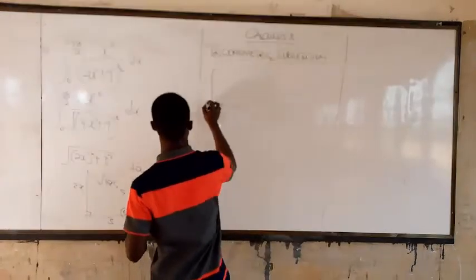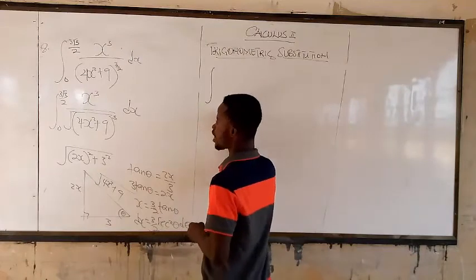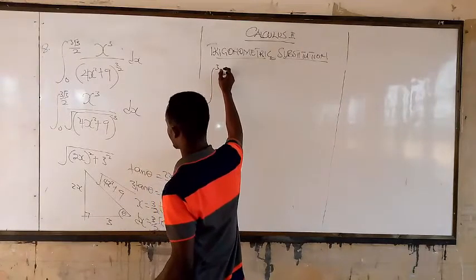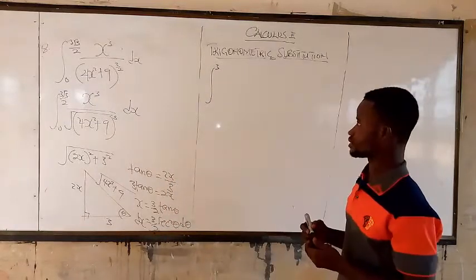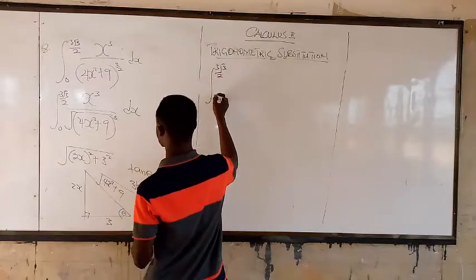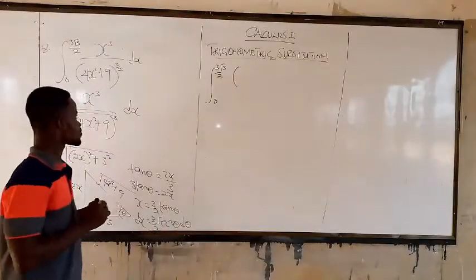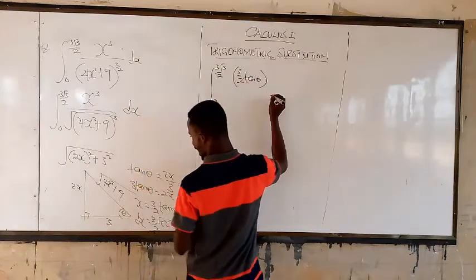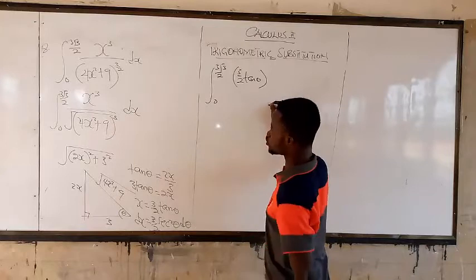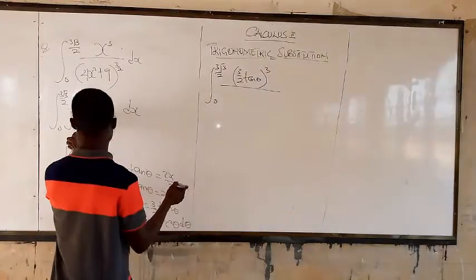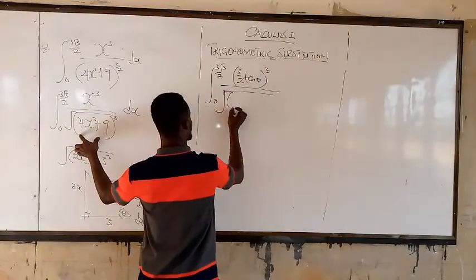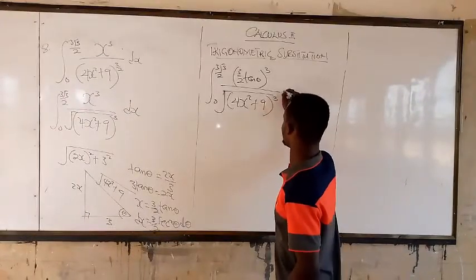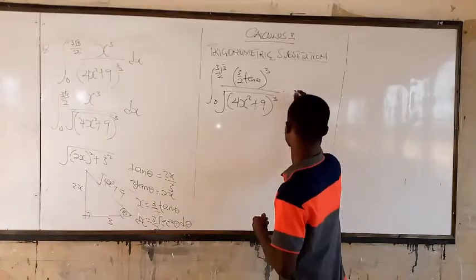So now by substitution, we now have the integral from 0 to 3 over 2, where s here is 3 over 2 tan theta, 3 over 2 tan theta cubed, all this over the square root of 4s squared plus 9 all to the power 3 ds, and the ds here is 3 over 2 sec squared theta d theta.